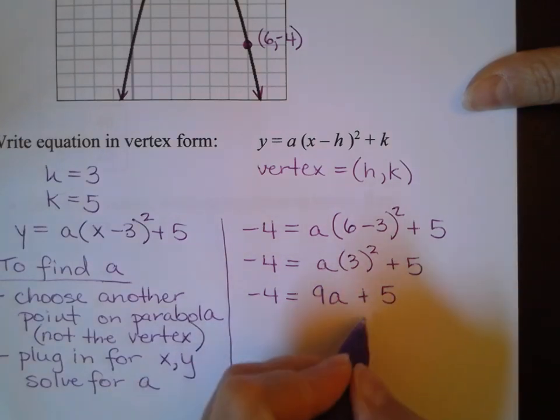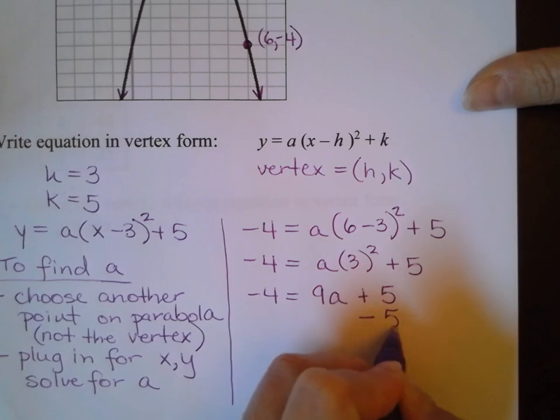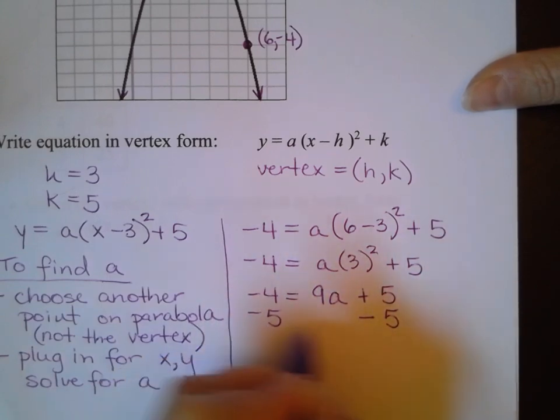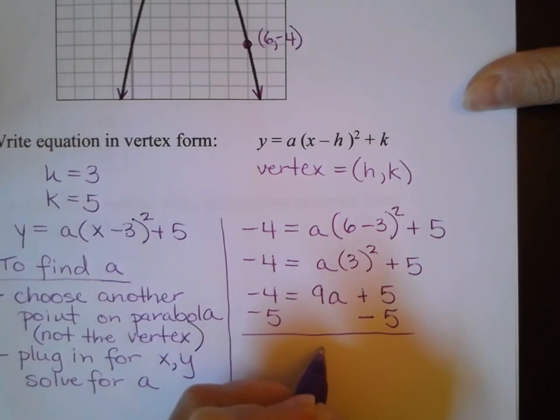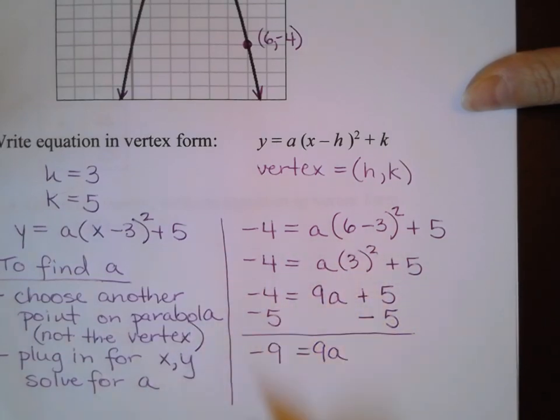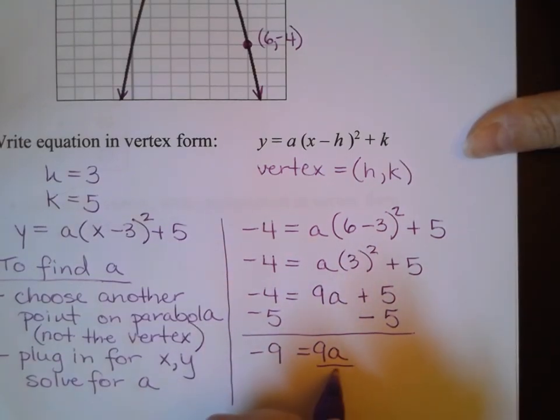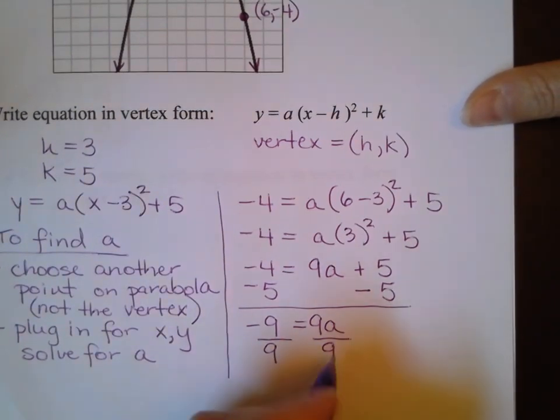Then we would like to get a by itself. So we can subtract this 5 over, and divide both sides by 9. Looks like a must be -1.